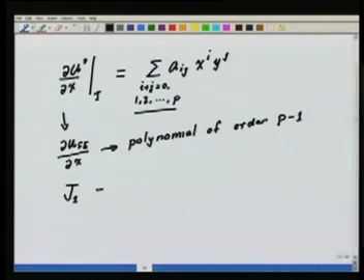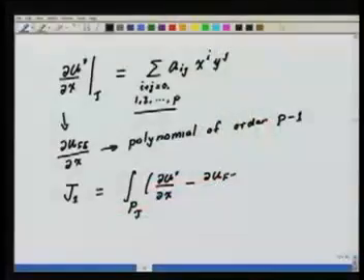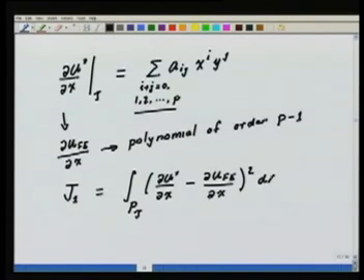J1 is equal to the integral over the patch of (∂u*/∂x minus ∂u_FE/∂x) whole squared dA.